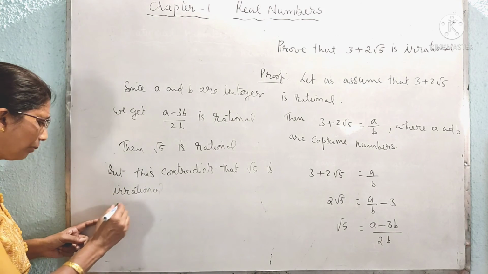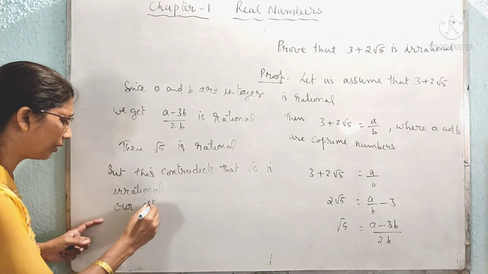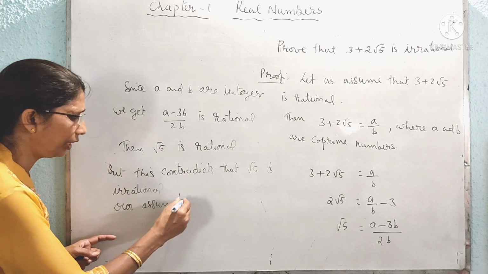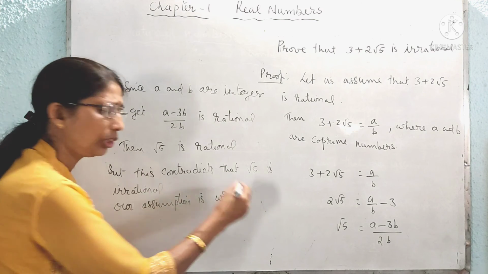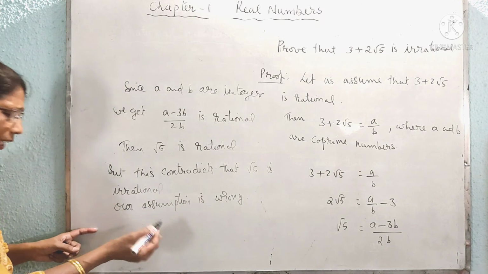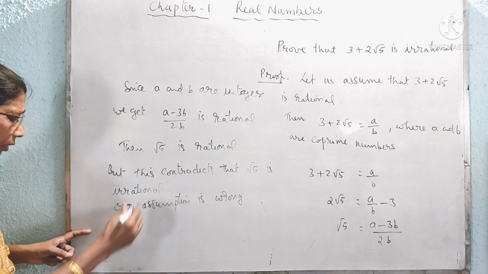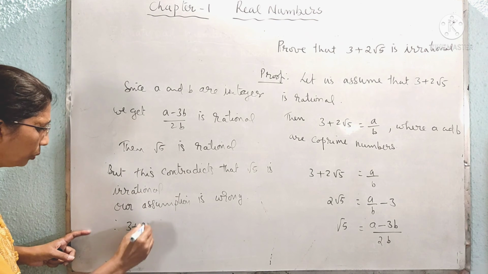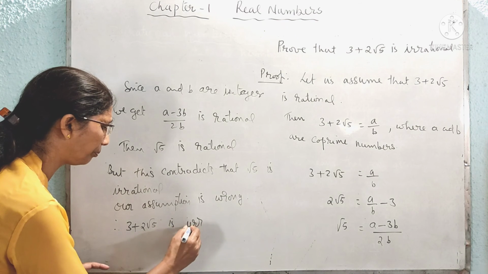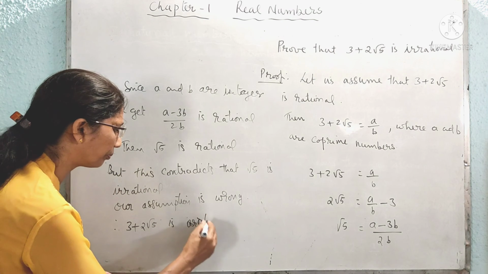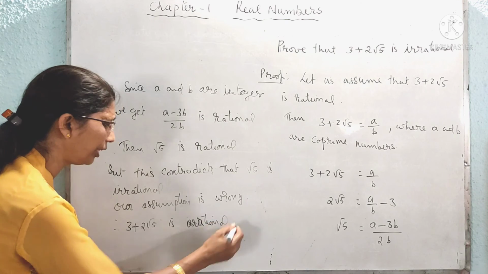Then our assumption is wrong. We proved whatever it is that is wrong. It means that therefore 3 plus 2 root 5 is irrational. This is the contradictory method.